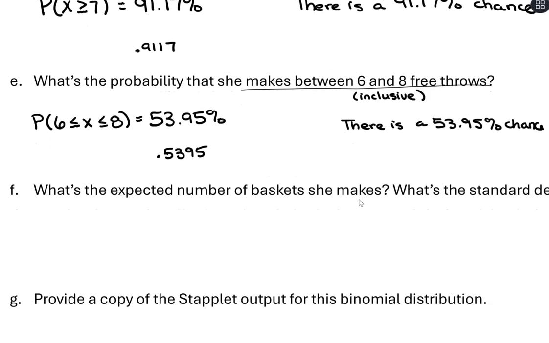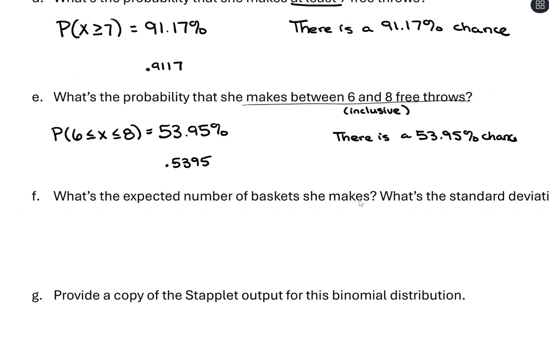Okay, not last piece, almost last piece. What's the expected number of baskets and standard deviation? So I wanted to show how to do this by hand. So the mean comes from n times p, which is 10 times 0.82 in this case, which would be an 8.2.